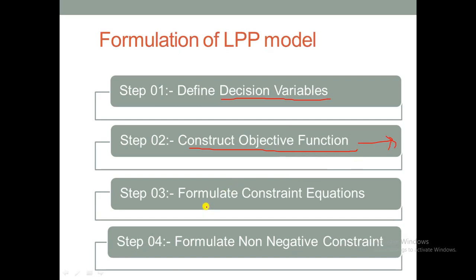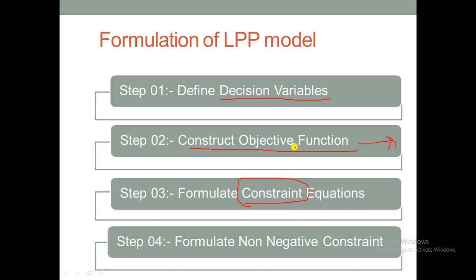Now the third step is the formulation of the constraint equations. Constraint, in the sense, means limitations. Already we have constructed the objective function. Obviously it is going to give the solution, but that objective cannot be achieved without any limitations, because whenever we want to achieve something there are going to be limitations.